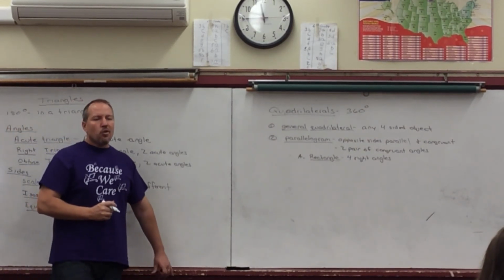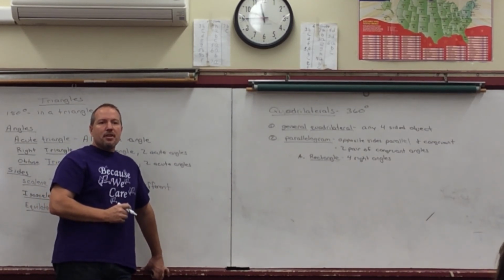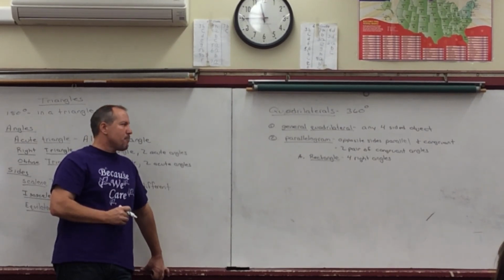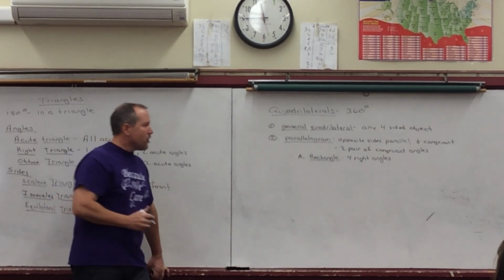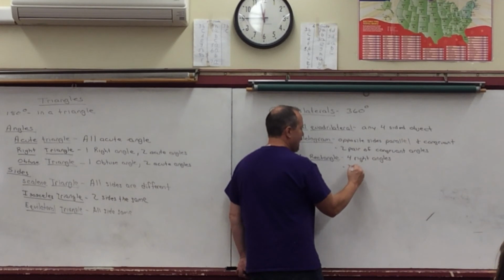So any quadrilateral that has 4 right angles is a rectangle. And since it's a rectangle, it is also a quadrilateral. For it to be a rectangle, it must also have 2 pair of congruent sides.